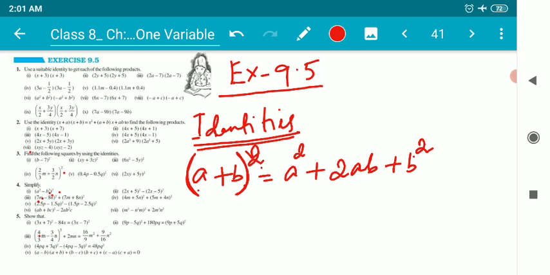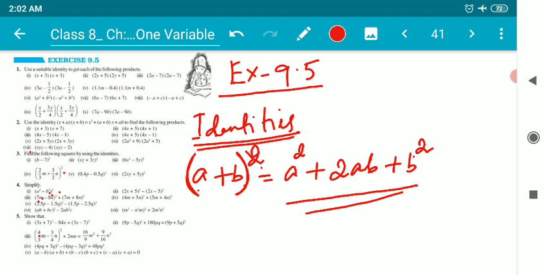You might be thinking, sir, what is a, what is b, what is 2ab? a can represent any value, and b can represent any value. So when you have two values added and squared, in the place of that you can simply write a square plus 2ab plus b square.